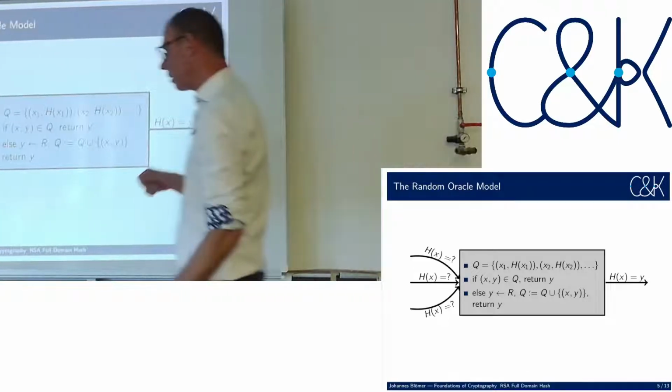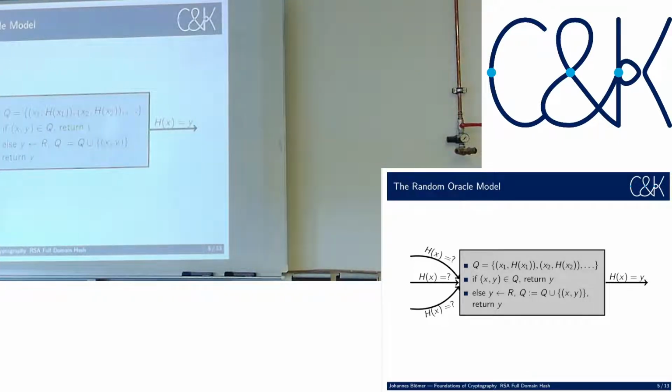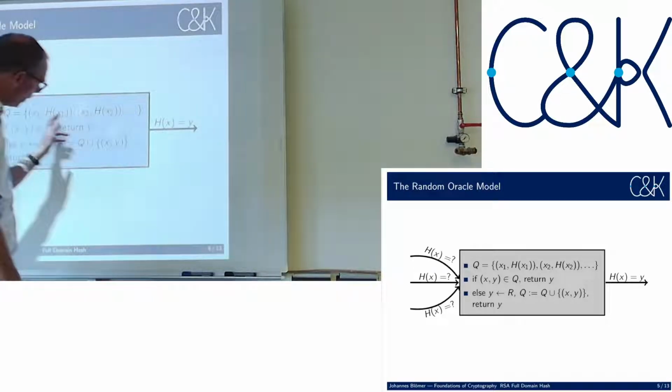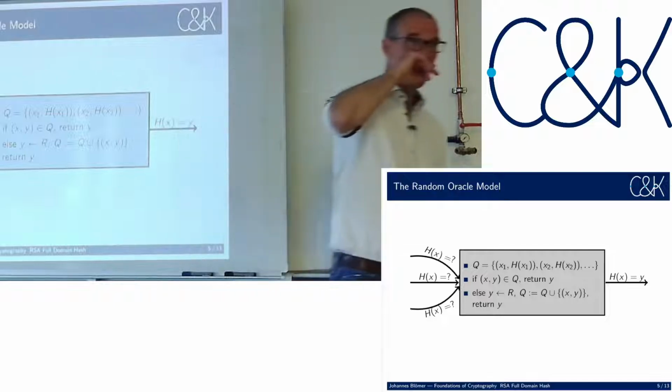So everybody participating in a security game, for example, can send queries to this black box, to this trusted party. Here you see there are 3 different arrows going into this box, indicating that the queries come from different sources, h of x or for a different x. And so this query goes into this black box.